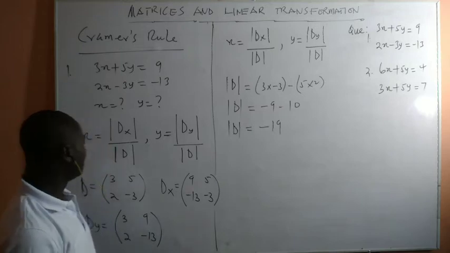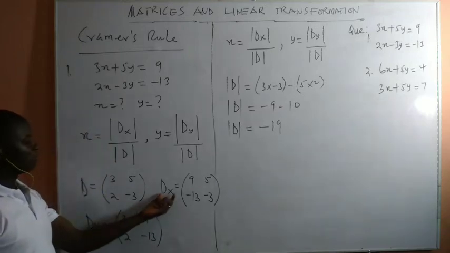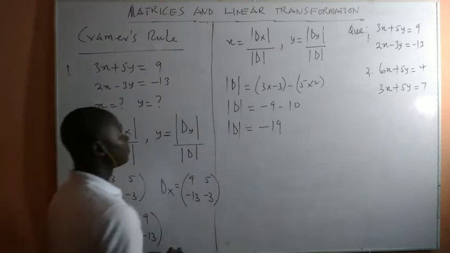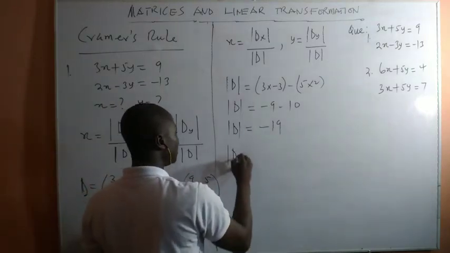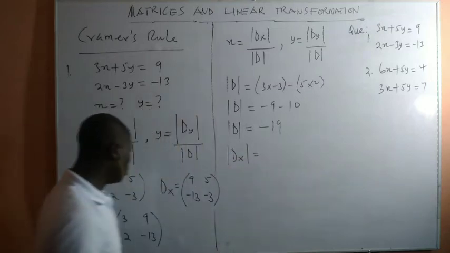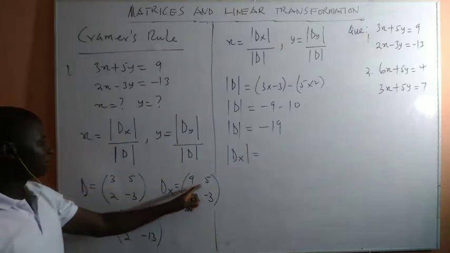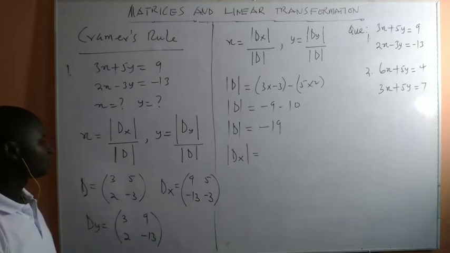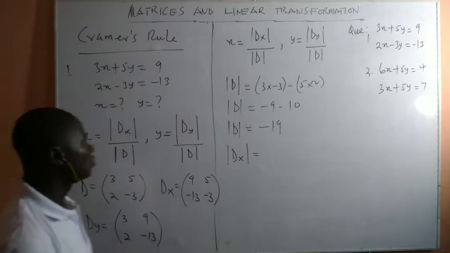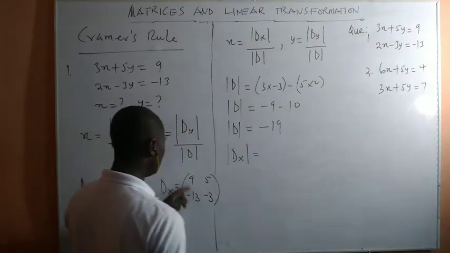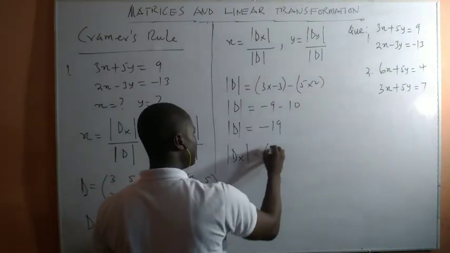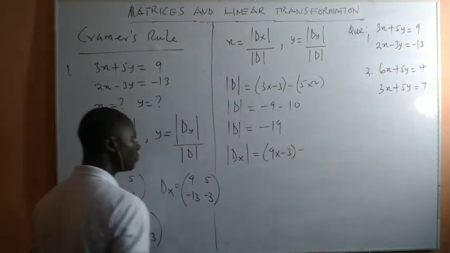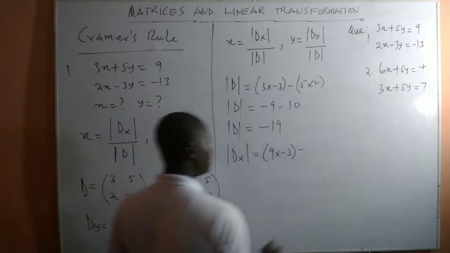Now we need to find the determinant of the x matrix and the determinant of the y matrix. So for the determinant of the x matrix, don't forget that we know the x matrix to be 9, 5, minus 13, minus 3. So we have 9 times minus 3, minus 5 times minus 13.